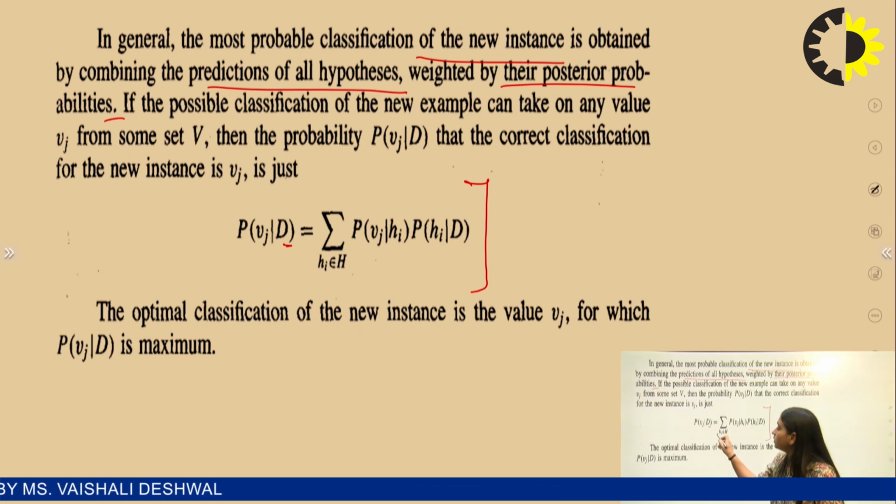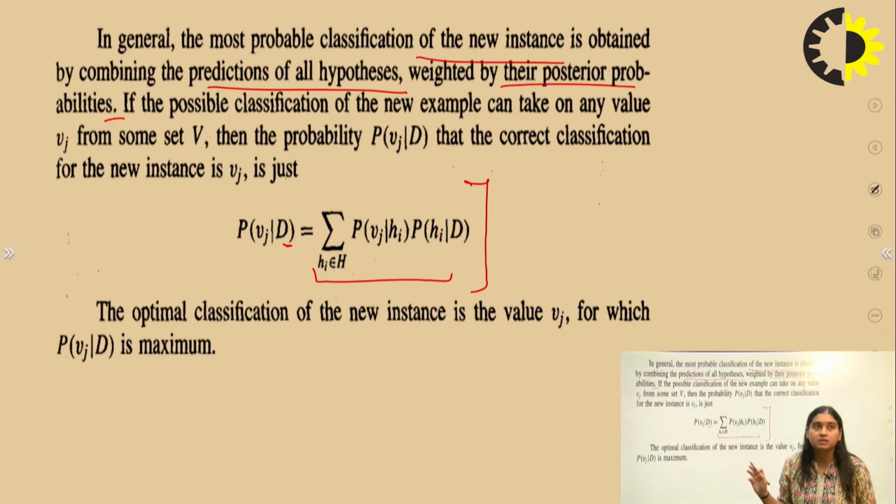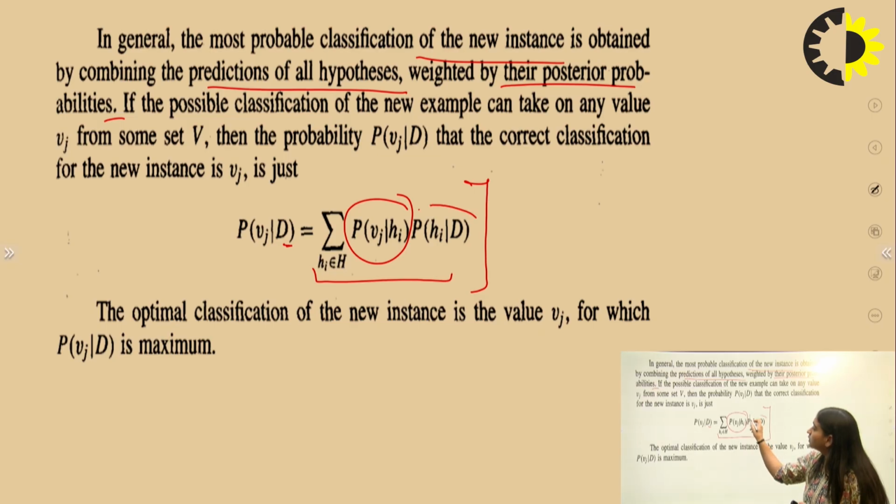Now if we expand the formula according to the Bayes optimal classifier, it is by combining the predictions of all hypotheses, weighted by their posterior probabilities. We are interested in the posterior probabilities, and we just multiply these two terms. So this is the Bayes optimal classifier.